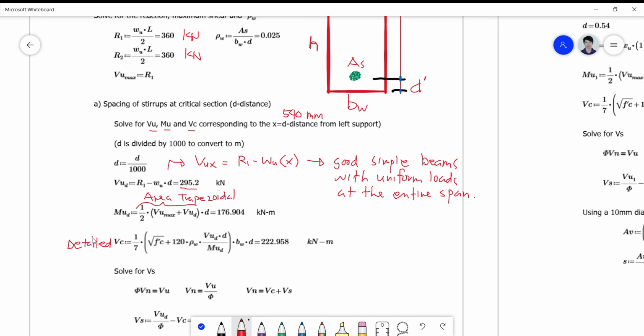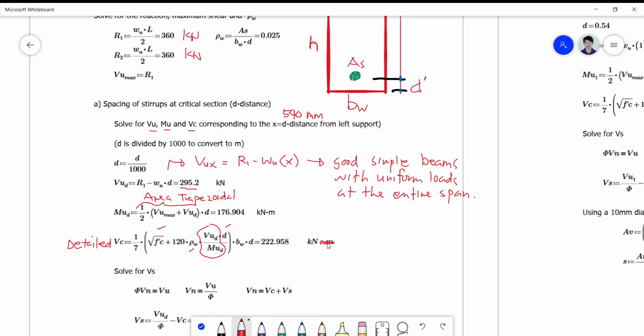The detailed formula is VC is equal to 1/7 times square root of F prime C plus 120 rho W VU at D distance all over MU at D, multiplied by BW times D. Substituting the values of 295.2 and 176.904 in this formula, and realizing that F prime C, rho W, and D are given values in the problem, we obtain a value of 222.958 kilonewton for your VC. The unit here is only in kilonewton.